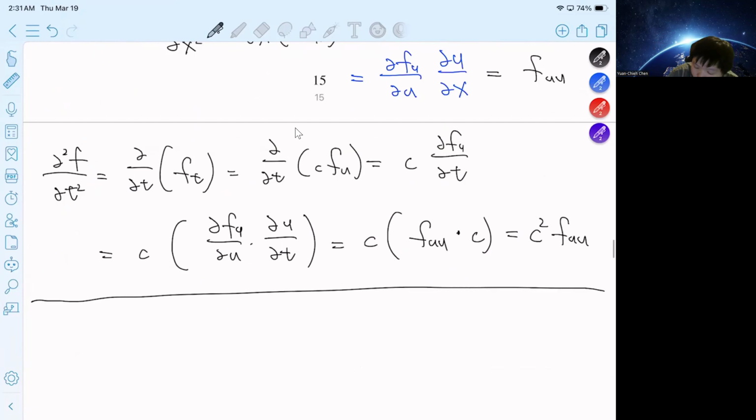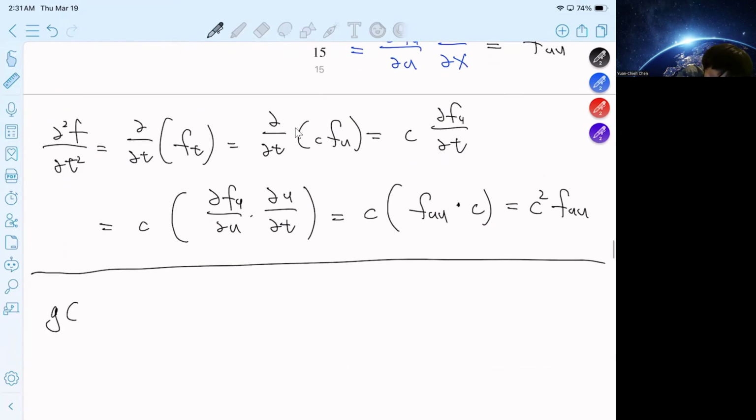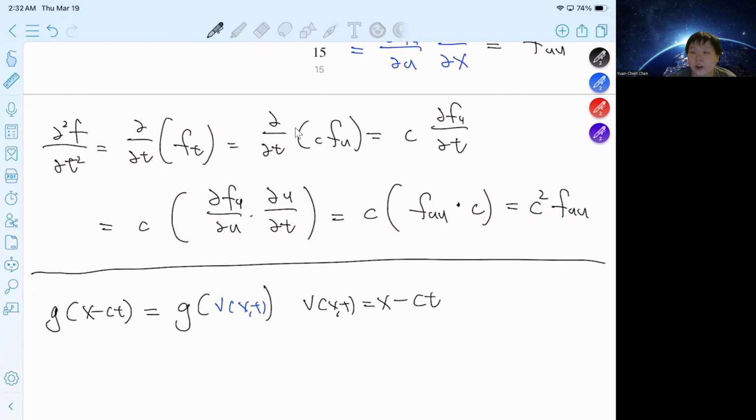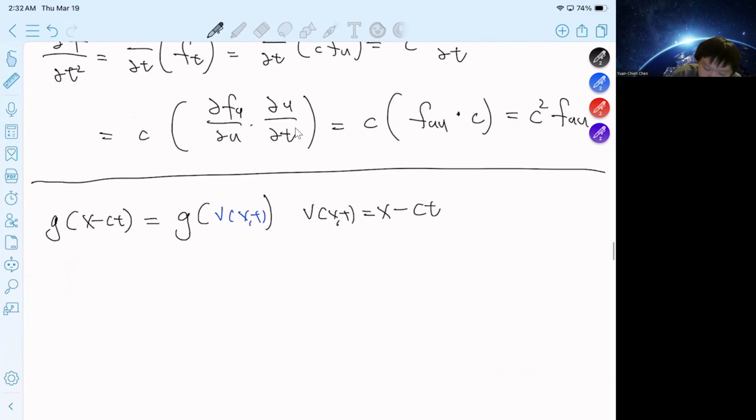So we do the exact same thing. So g is x minus ct. So we can write g of maybe a function called v of x, t, where v of x, t is x minus ct. So the dependence chart of this one will be g depends on v, and this depends on x and t. It's just a different function v.